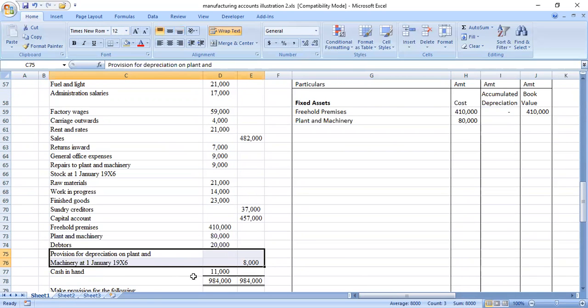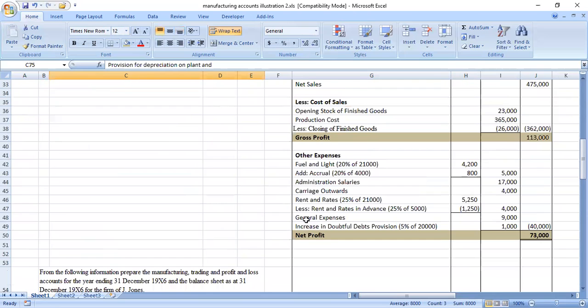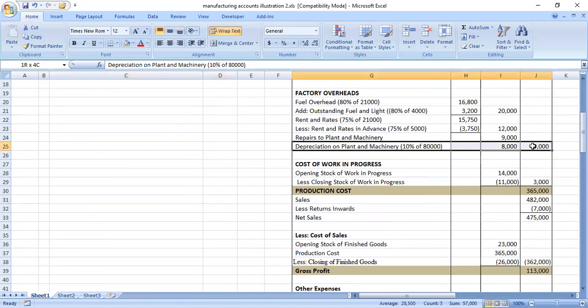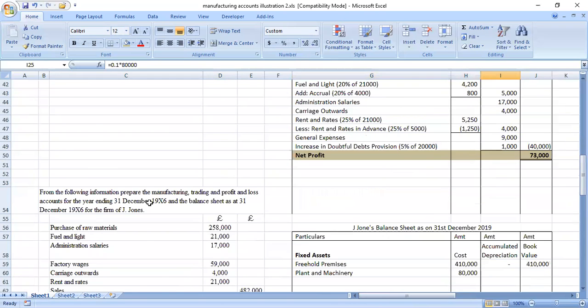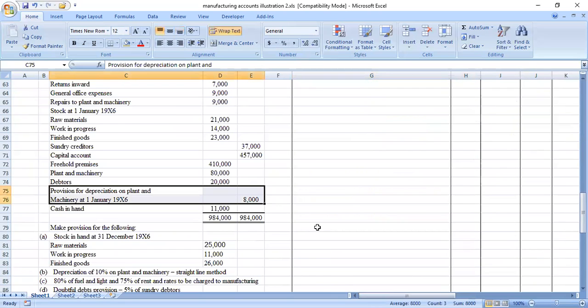As you can see here in the manufacturing account, tulipata ni 8,000. So unaiona? Yes. So we add this to the provision for depreciation at the beginning, we will have the accumulated depreciation.